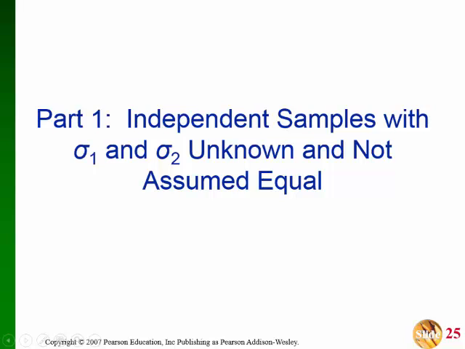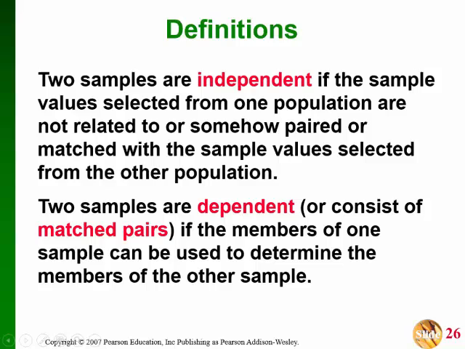And we're always going to say no. Okay, so just like section 8.2, section 8.4, where you don't know anything about sigma, we use a t-distribution, so we'll also use a t-distribution here.